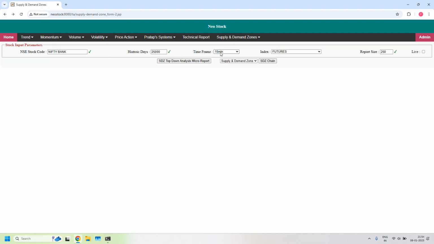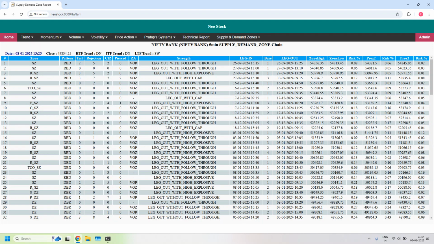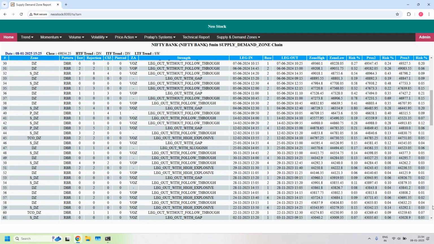Next, 5 minutes supply demand zone chain for Bank Nifty. We have very few demand zones here. To get more demand zones, I am scrolling the list down. So this is about Bank Nifty supply demand zone chain.